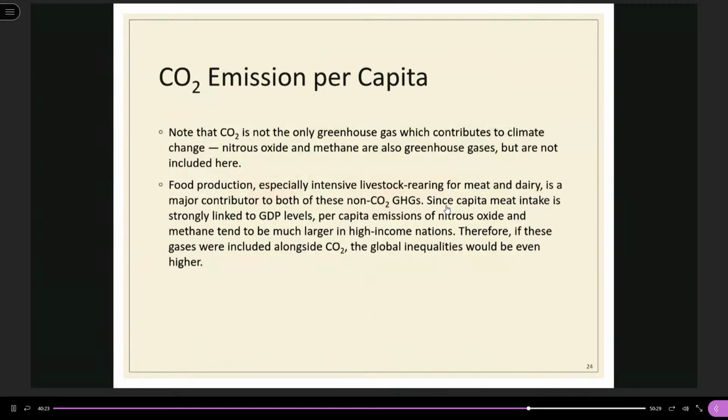Food production, especially intensive livestock rearing for meat and dairy, is a major contributor to both of these non-carbon dioxide greenhouse gases. Since per capita meat intake is strongly linked to GDP levels, the gross domestic product, per capita emissions of nitrous oxide and methane tend to be much larger in high-income nations. So when you are rich, you eat meat. This is the trend.